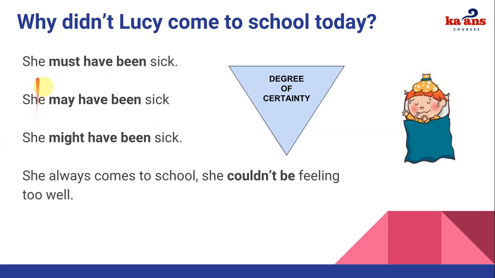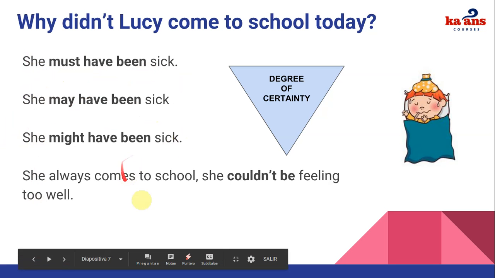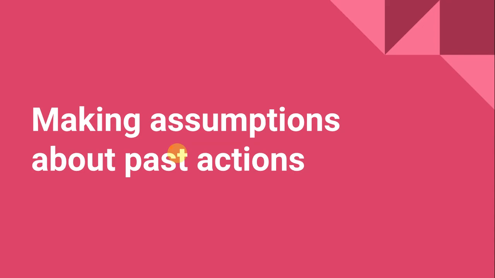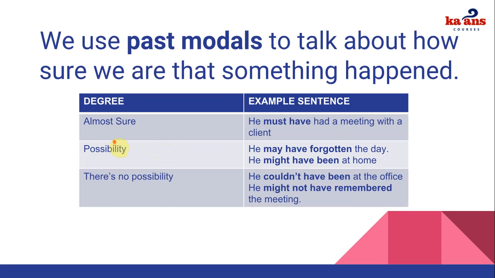We're using the same example about becoming sick, and maybe a different student, like a classmate, says, well, she may have been sick, or she might have been sick, right? In this case, remember that the degree of certainty is a possibility.